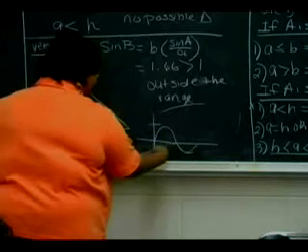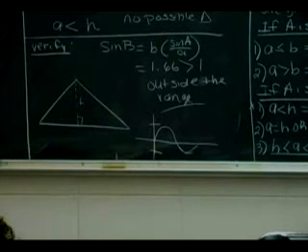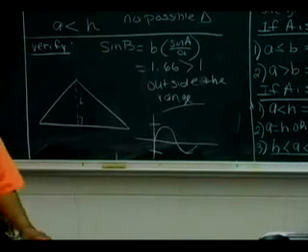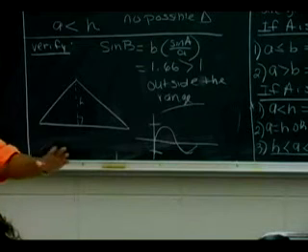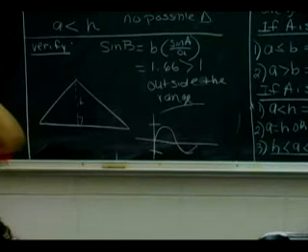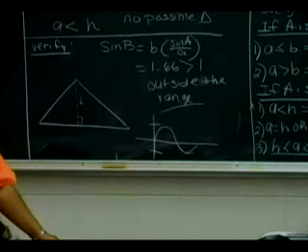Amplitude 1, amplitude negative 1. Y'all remember that? I'm sure I said it. And we talked about domain and range a whole lot, dealing with arc cosine and arc sine. Y'all are having a mental lapse on me today.